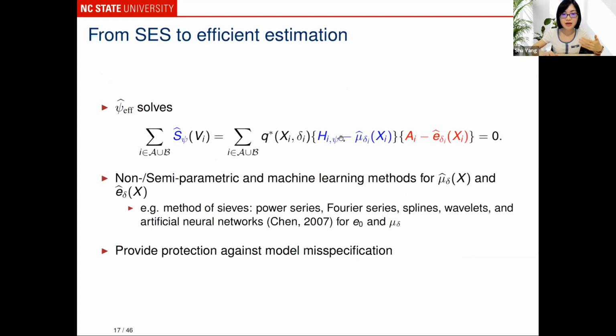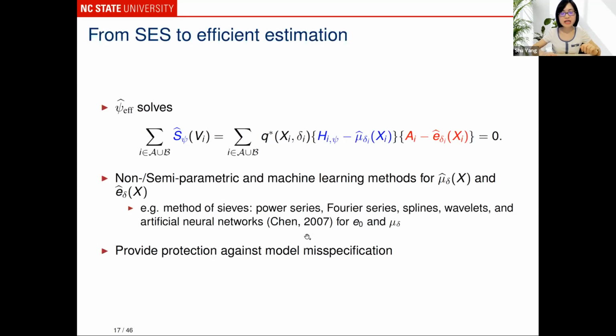In the score, there are two working models, one for the outcome mean function and one for the propensity score function. We suggest using semiparametric or non-parametric methods for the two nuisance functions. For example, we can use the method of sieves, which includes a large class of basis functions such as power series, Fourier series, splines, and so on.